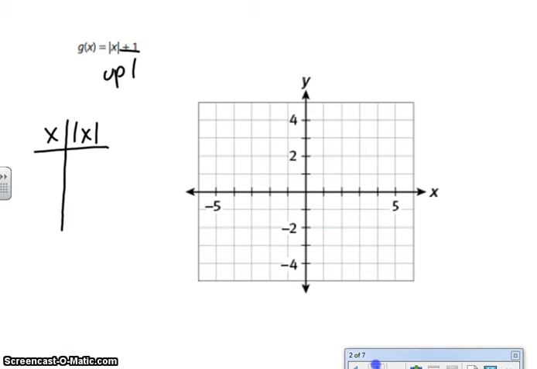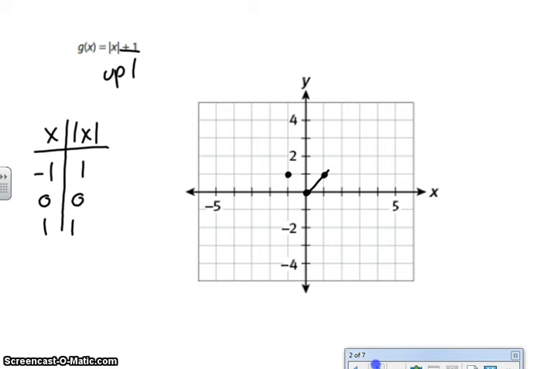The x values I'm always going to use, and these will always work for absolute value, are negative 1, 0, and 1. Now I take the absolute value of all of those: the absolute value of negative 1 is 1, of 0 is 0, and of 1 is 1. This is going to be the graph of the parent function if we plot those points.